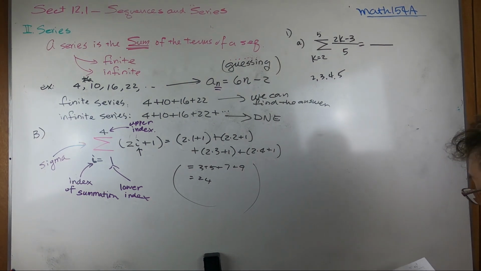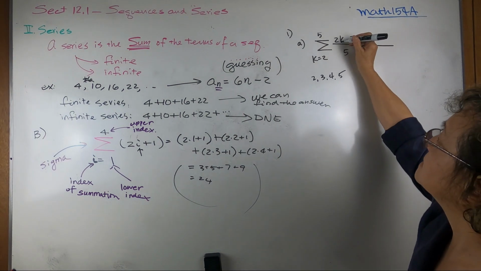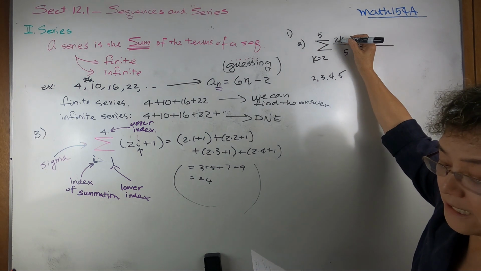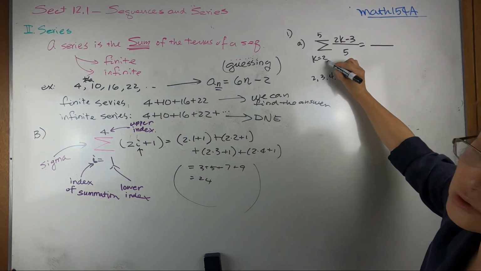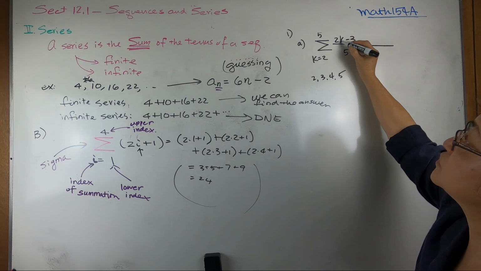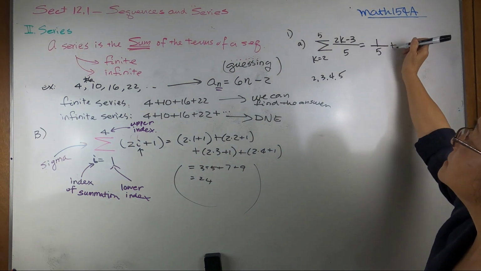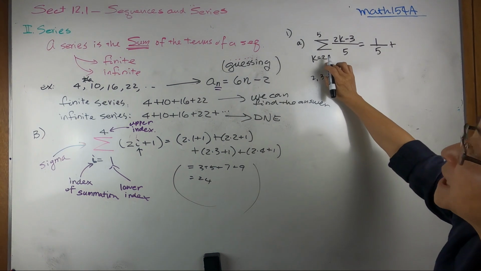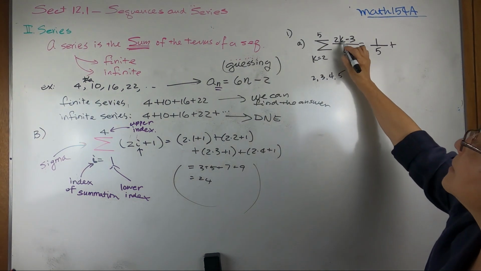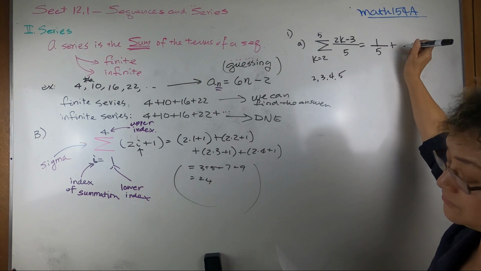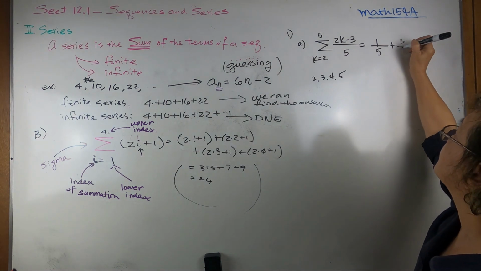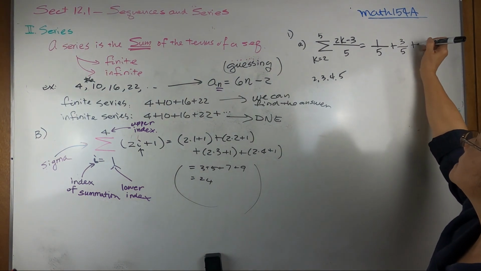So when k is 2, to start from 2, 2 times 2 is 4. 4 minus 3 is 1, 1/5, right? So second term, k is 3. 2 times 3, 6 minus 3 is 3, right?